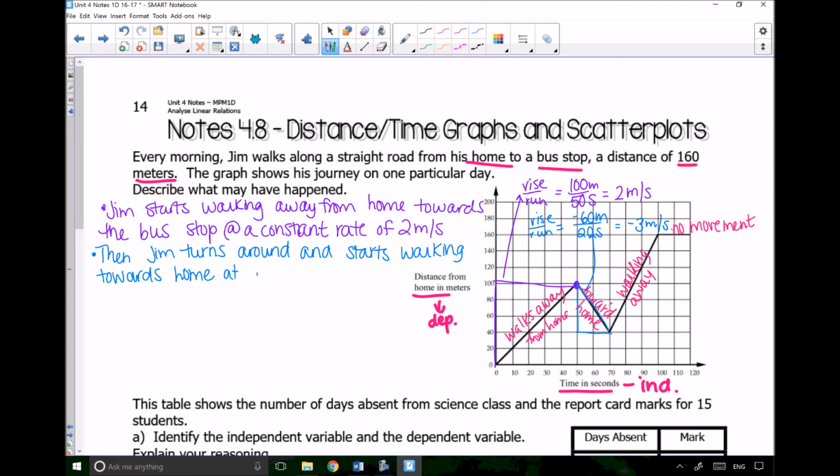At a constant rate of 3 meters per second. Now, we don't need to include that it's negative because the fact that he turns around implies that it's negative. His distance is decreasing, okay?